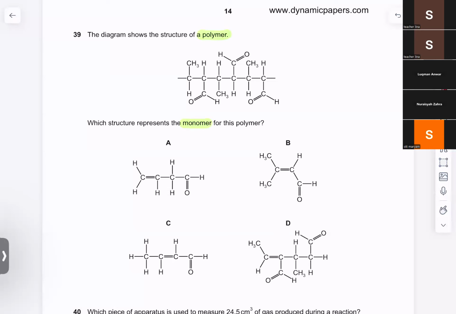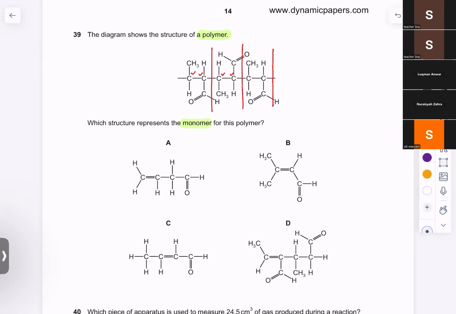Okay. I always tell students, if you want to find the monomer, you just take the two carbon, you cut. Two carbon you cut. Okay, you take the two carbon.